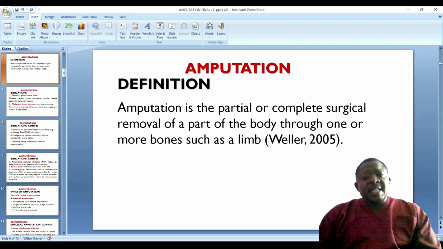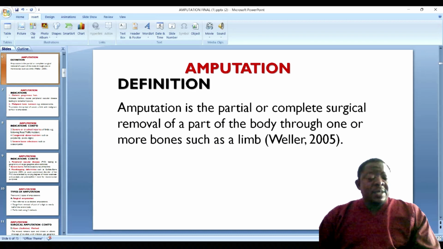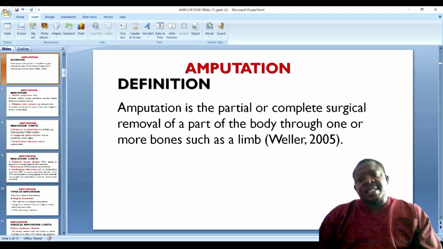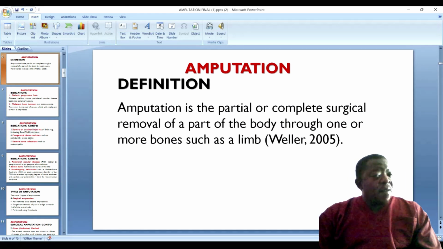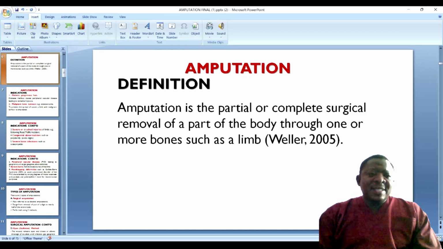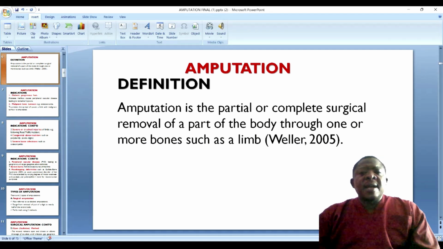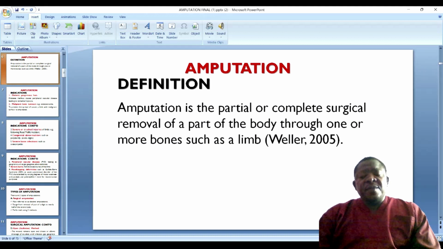Of course, he makes emphasis that it is through one or more bones, of the limb, and that is his definition that we can still go by. But in our introductory notes, we are saying a removal of part of the body, and mostly we are looking at the extremity part of the body.